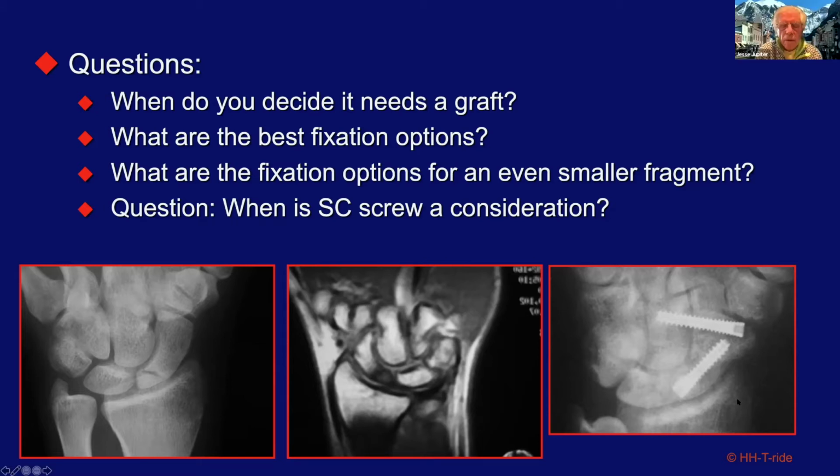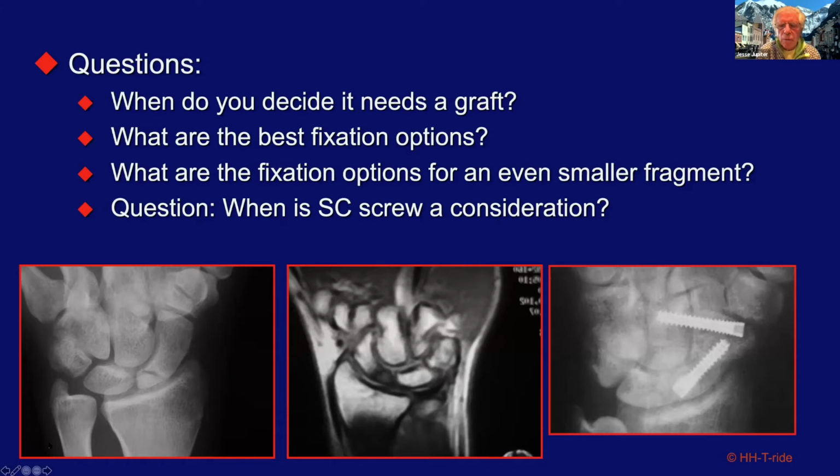Well, if you've realigned an unstable non-union, you'd like to take as much stress off your internal fixation as possible. And so this would be a temporary fixation from the scaphoid to the capitate. Especially with a small proximal pole, I've used 1.5 millimeter screws.